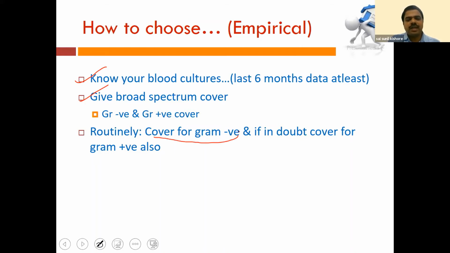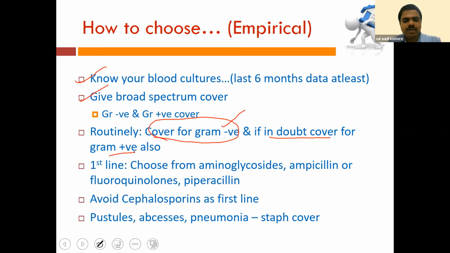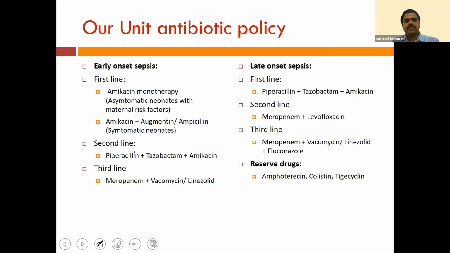Routinely, if it is early onset sepsis, gram negative cover is a must, and if in doubt, cover for gram positive also. First line, choose from aminoglycosides, ampicillin, fluoroquinolone or piperacillin, and avoid cephalosporin as first line, because it is associated with an increased incidence of fungal sepsis in the unit. If there are coexisting features like pustules, abscess, or pneumonia, give staph cover also. These are some of the broad principles.